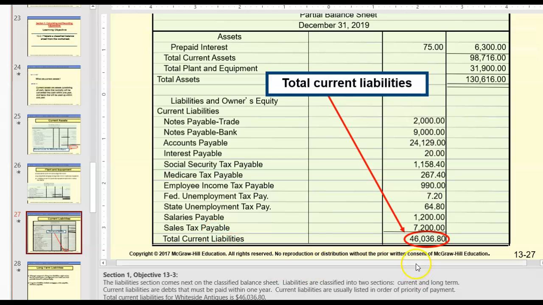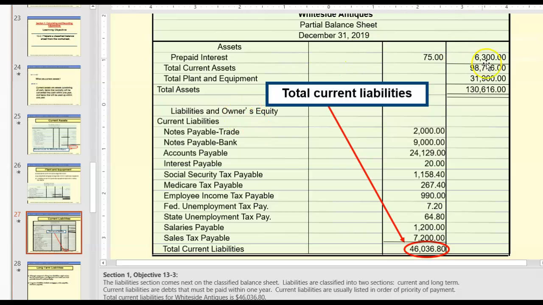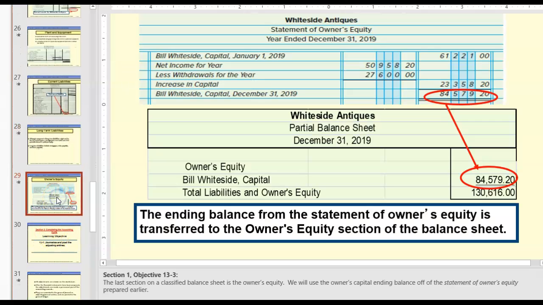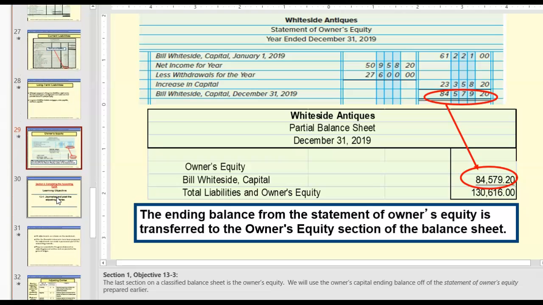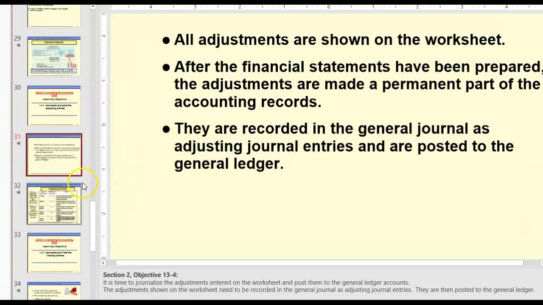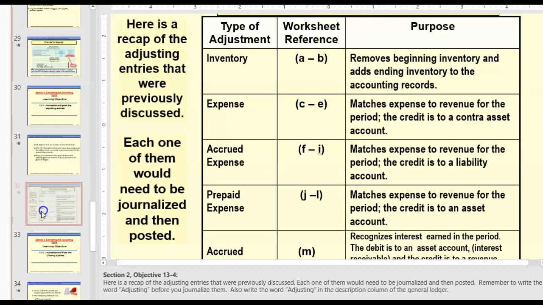So many payables, so many liabilities. But the balance sheet, remember, just has the assets, the liabilities, and the owner equity section. Nothing that you didn't know before, except that these are more complicated.